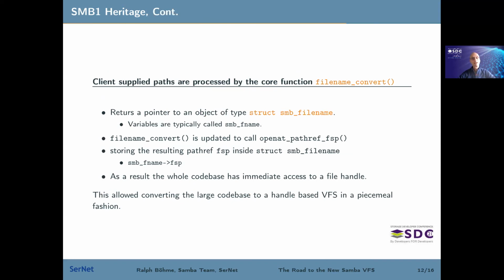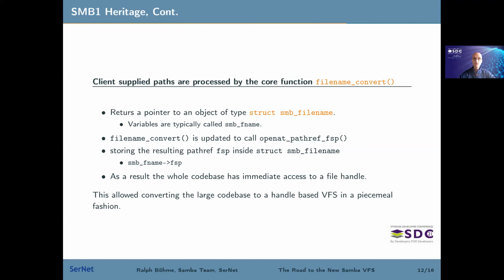So in Samba, client-supplied paths, so that means the paths that we receive over the SMB protocol from clients, are processed by the core function filename_convert. This returns a pointer to an object of type struct smb_filename, and variables of that type are typically called smb_fname.